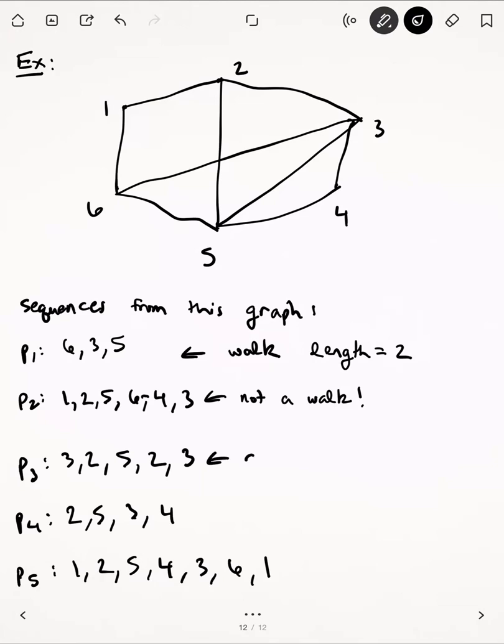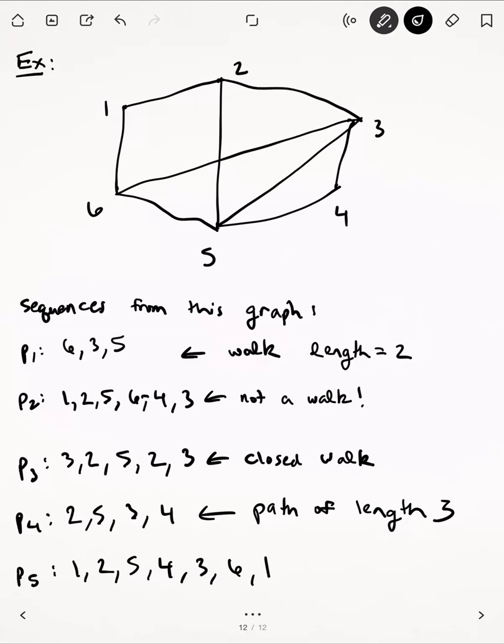P3 is a closed walk because I've started and ended at the same spot. P4 is a path of length 3.